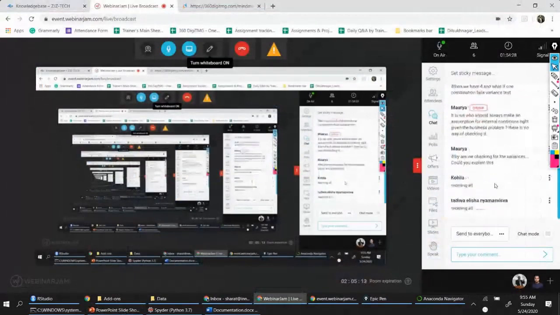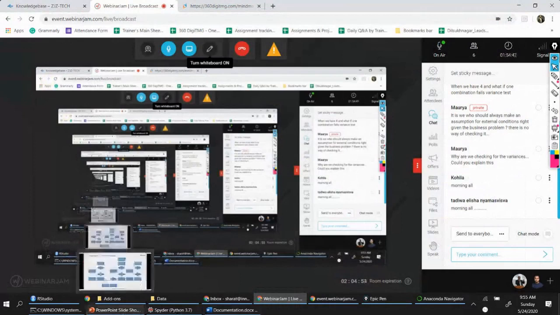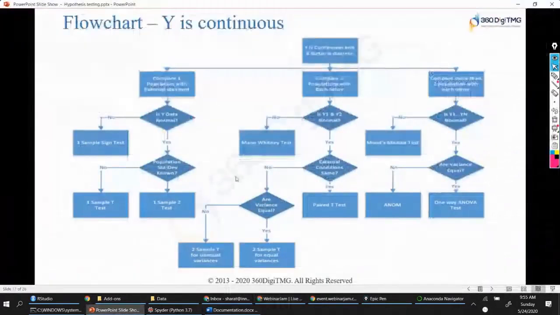All right. Then, why are we checking the variances? That's what I have explained, right? Maurya, did you understand? I'm assuming I've answered your question. We are looking into variances.